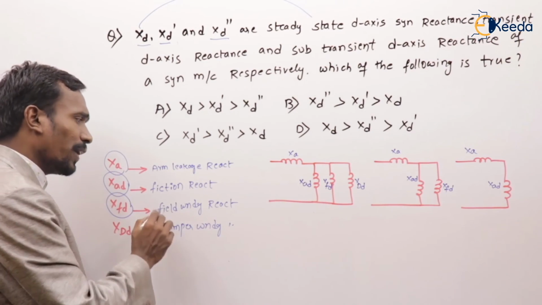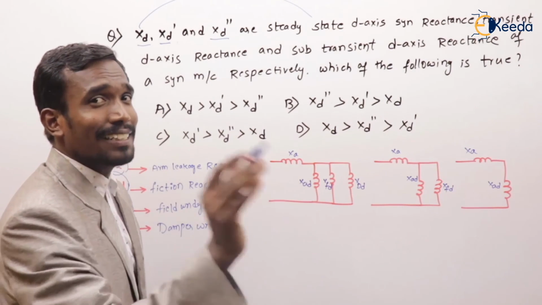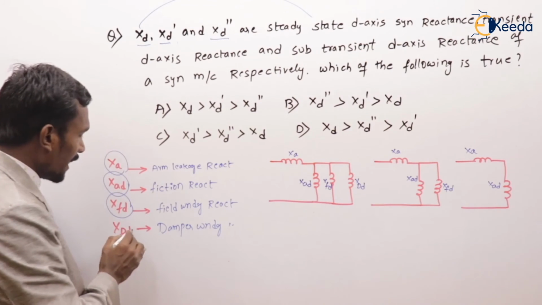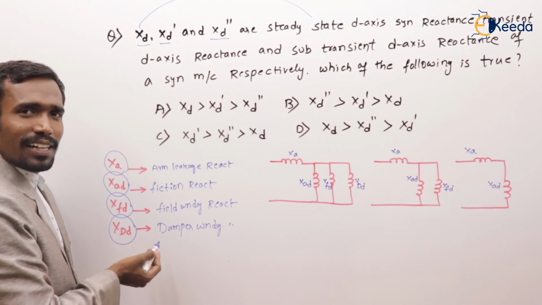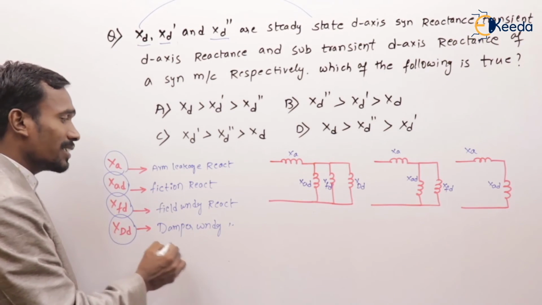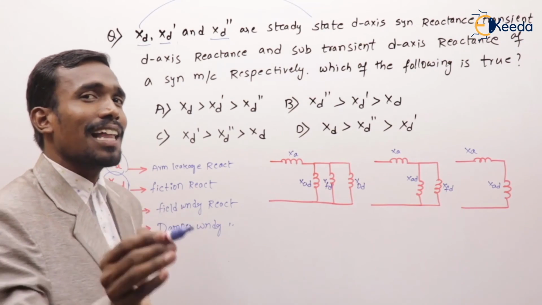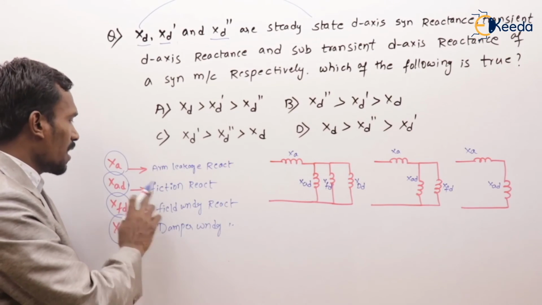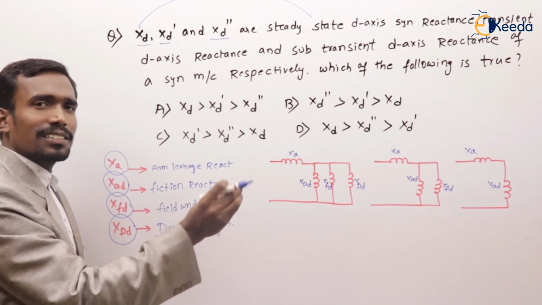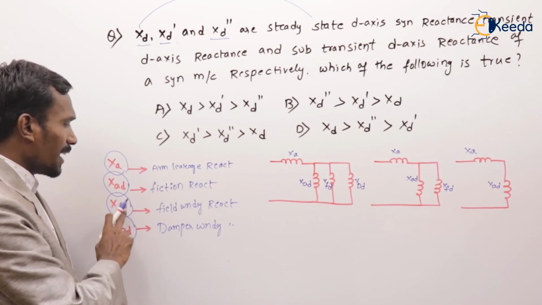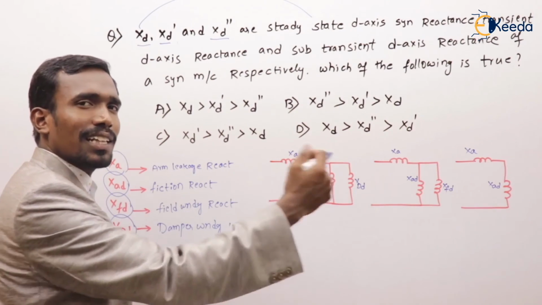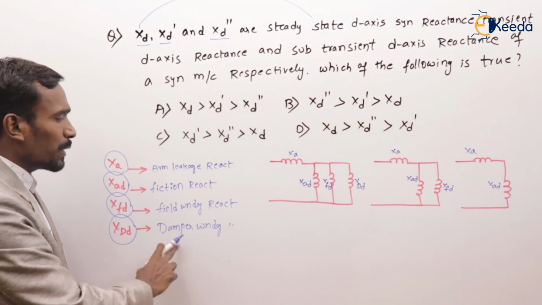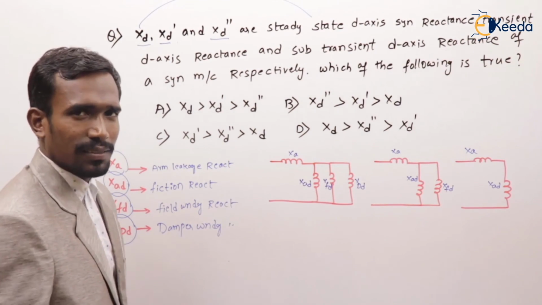XFD, the field winding reactance along the D-axis. And XDD, the damper winding reactance along the D-axis.